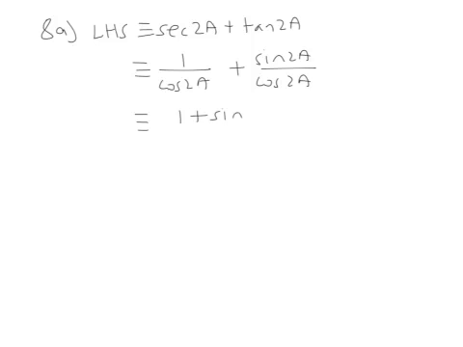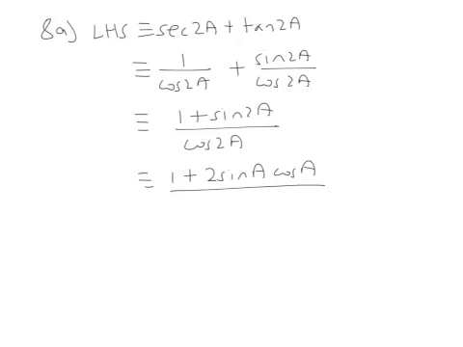So 1 plus sin 2a over cos 2a, and then let's convert everything to single a's because the right hand side has single a's, and it's not clear which formula we should use at this stage. Let's hedge our bets and use the one with both cos and sine.